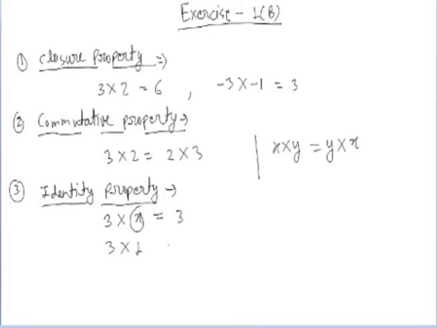So 1 is the identity. 3 into 1 is equal to 3. So it is known as the identity property, or it is also known as the multiplicative identity. One is the multiplicative identity. Okay, in this way.